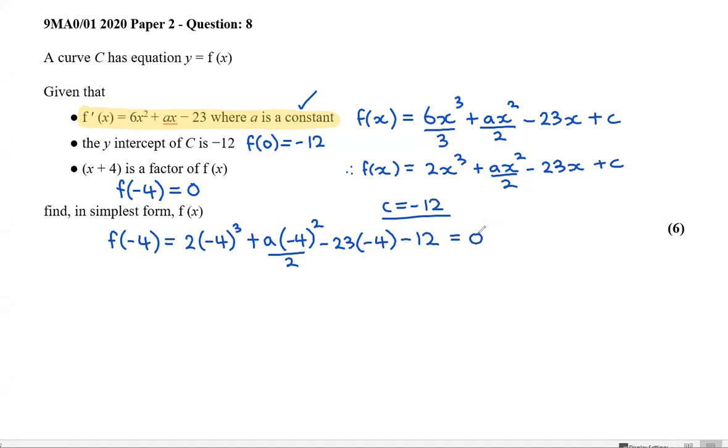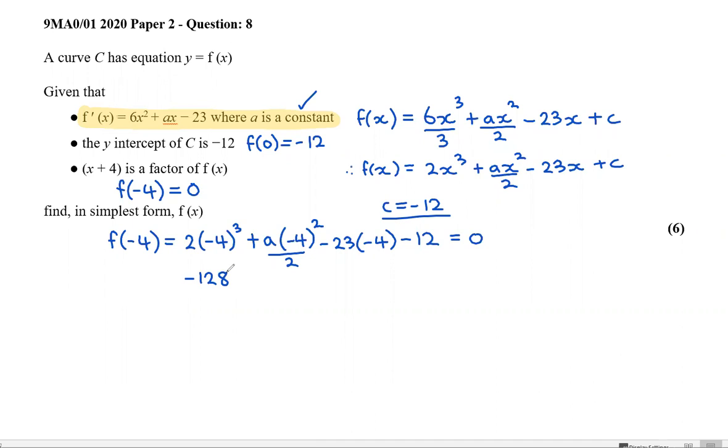Now, we just have to essentially expand, collect like terms, and solve for a. Okay, so let's do that. So we've got negative 4 cubed, so that's going to give us negative 64. And then we have to multiply that by 2. So that's going to be negative 128 for the first term.